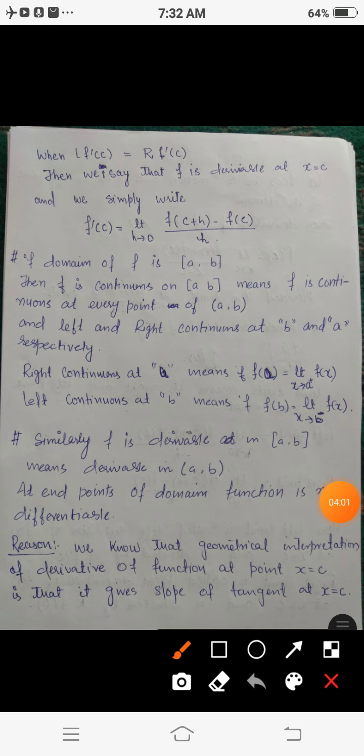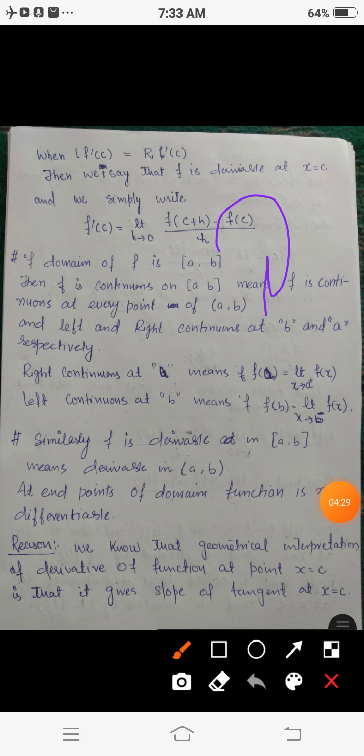Now if we consider a function on a closed interval a, b, then f is continuous on a, b means f is continuous at each and every interior point, that is, after removing the endpoints, and right continuous at a and left continuous at b.